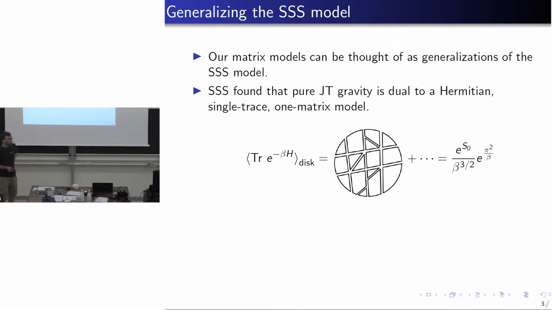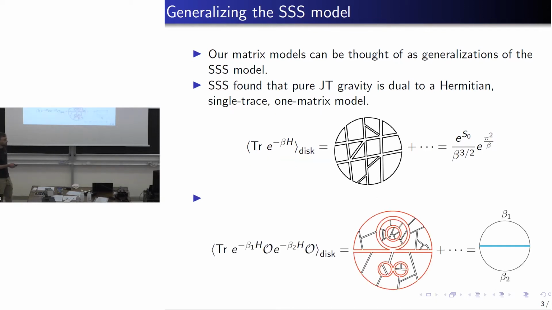What the matrix model does is it requires us to sum over all 't Hooft diagrams with the topology of the disk. And this disk computation in the matrix model also agrees with the disk computation in JT gravity, where we integrate the metric over all the configurations with disk topology. And this is the answer you would get in pure JT gravity.